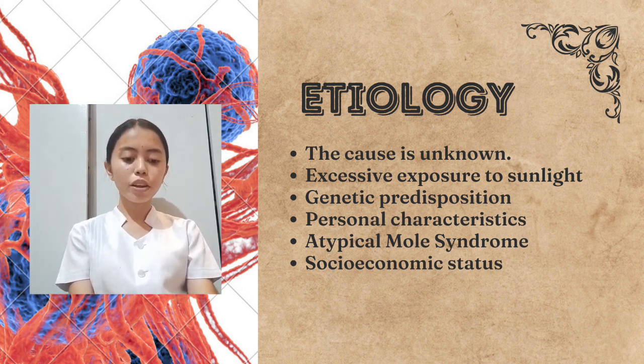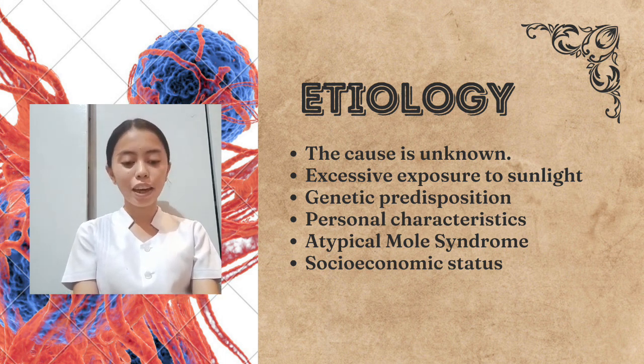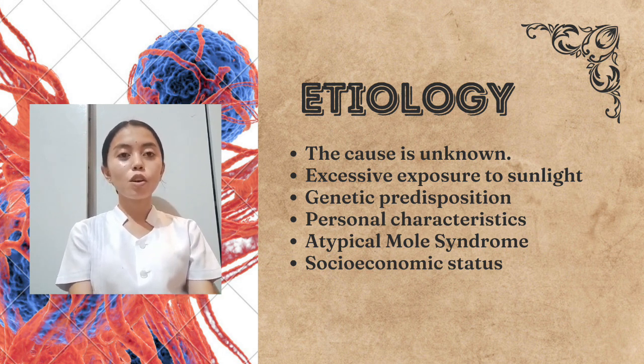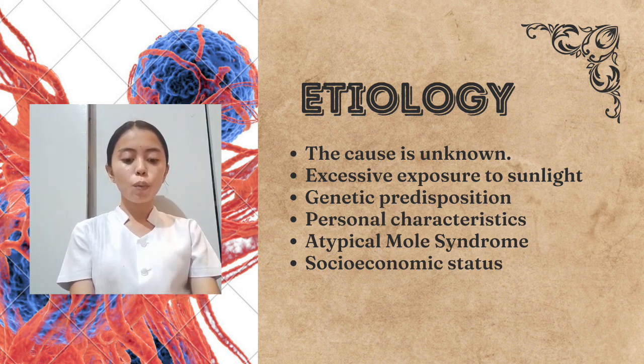Next is genetic predisposition. So, people who carry a mutation on a gene known as CDKN2A have a higher risk of developing melanoma. So, what is this CDKN2A gene? So, this gene provides instructions for making several proteins. So, the most well-studied are the P16 and the P14 proteins. So, both function as tumor suppressors, which means they keep cells from growing and dividing too rapidly or in an uncontrolled way.